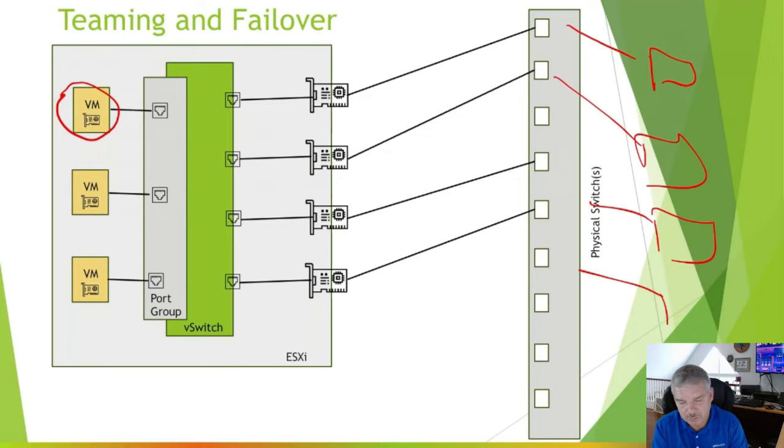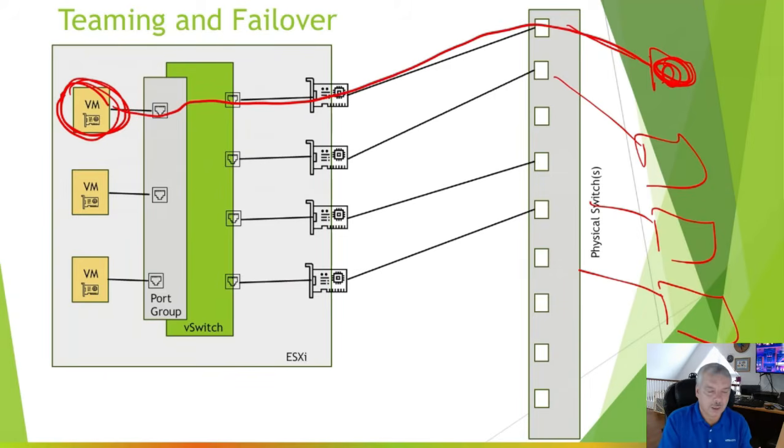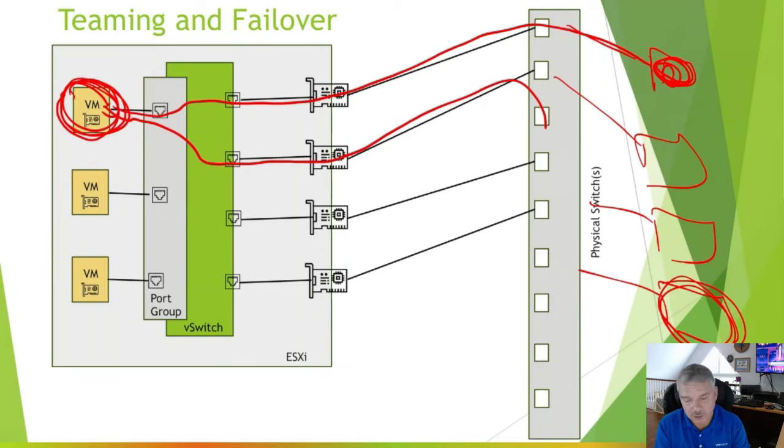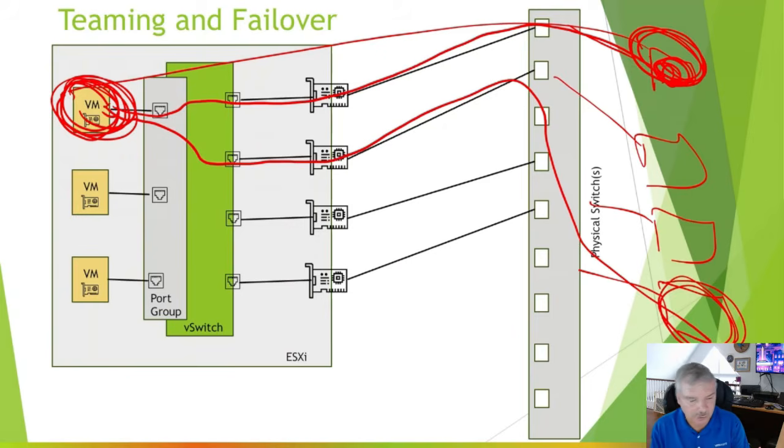If the VM is talking to this first machine, it has a source and destination IP and may use this link. Now let's say this same VM talks to the computer down here. Same source IP, different destination. It may use the second card to get down there. So with source and destination IP, the VM can now use multiple NICs, and I can potentially get better performance, which is really cool. Obviously, if the VM is talking to just one device out there, it's limited to one card.